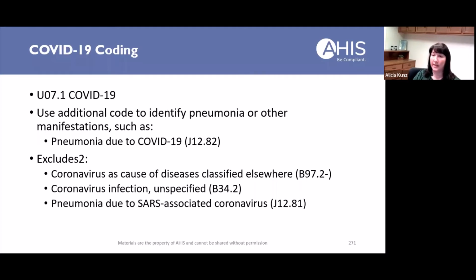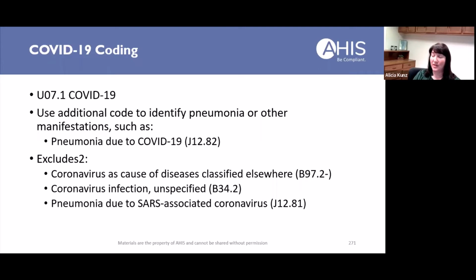And then we have U07.1 for COVID-19. If they have pneumonia due to COVID-19, you also want to use J12.82, pneumonia due to COVID. And you can see there's excludes notes for coronavirus as cause of disease classified elsewhere, B97.2, coronavirus infection unspecified, and pneumonia due to SARS-associated coronavirus, J12.81.